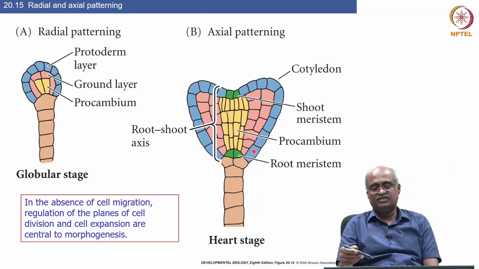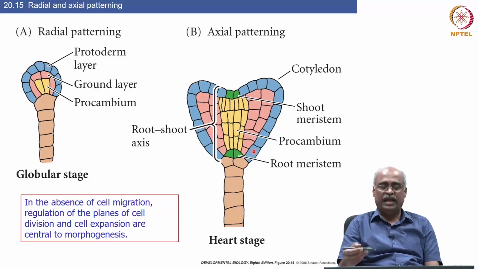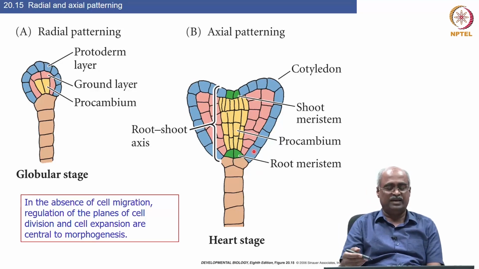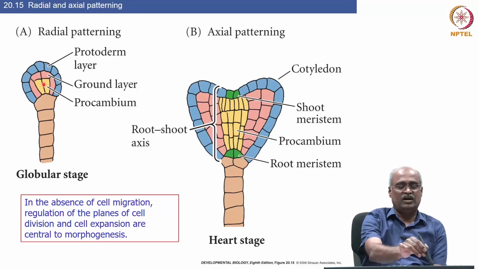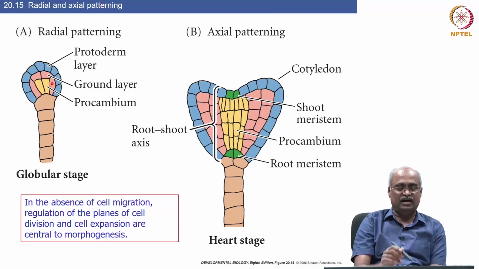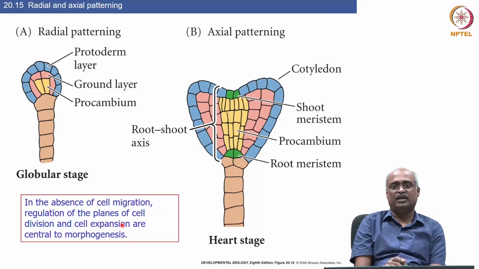In this process, the plant hormone auxin plays an important role. Again, I want to highlight before I get into auxin, in the absence of cell migration, regulation of the planes of cell division, longitudinal and latitudinal divisions, is really critical, along with cell expansion, for proper morphogenesis during embryonic development in plants.